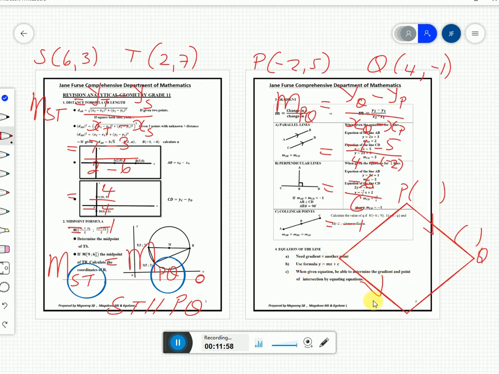You don't even need to calculate this gradient, because you know these two lines are parallel. If this line is parallel to this, it means their gradients are also equal.